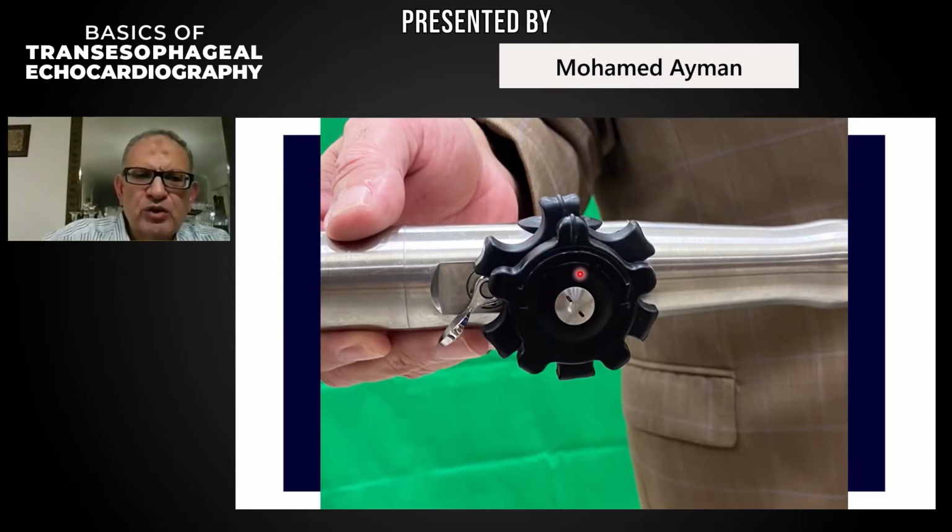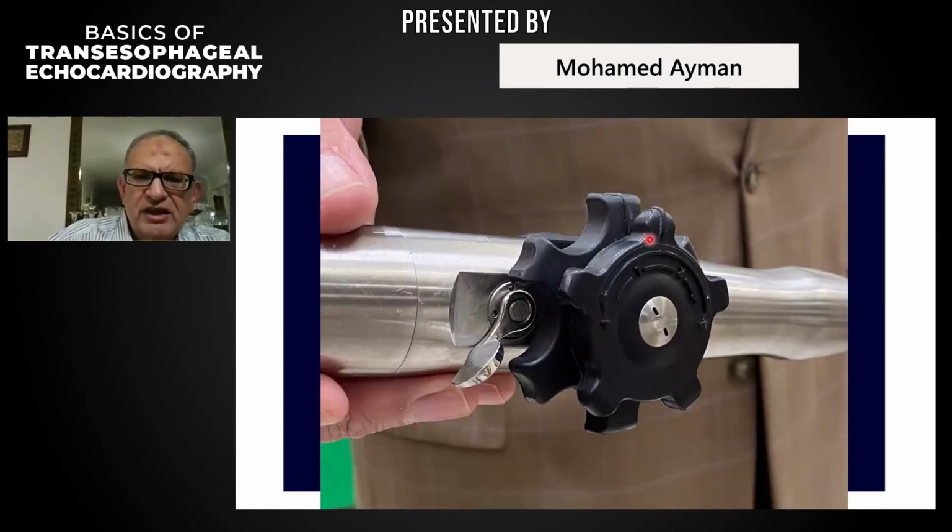The small wheel controls side-to-side motion, and the big one controls the anteflexion and the retroflexion. Those are the two wheels, and this is the locker. Don't forget to unlock.